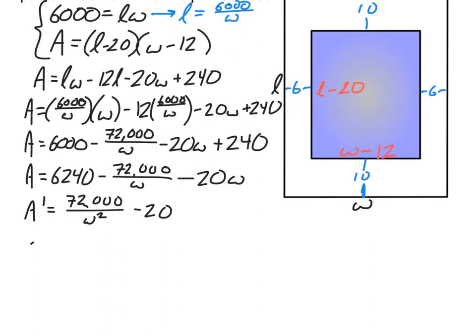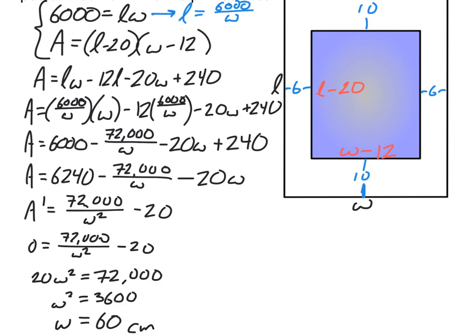Okay, so set it equal to 0. Again, I have a binomial there, so I'm going to move that 20 to the other side, and then solve from there. When we solve that out, you should find that W equals 60 centimeters.